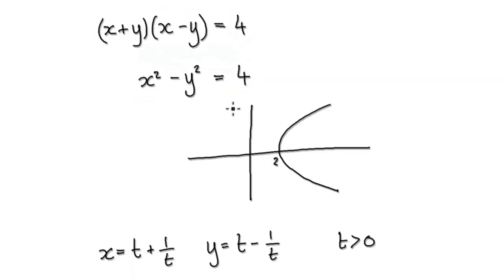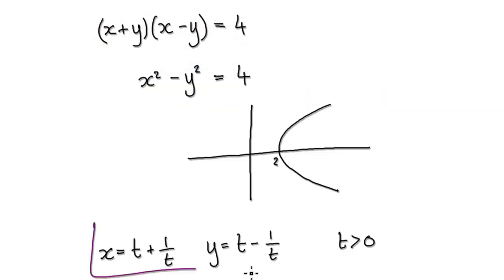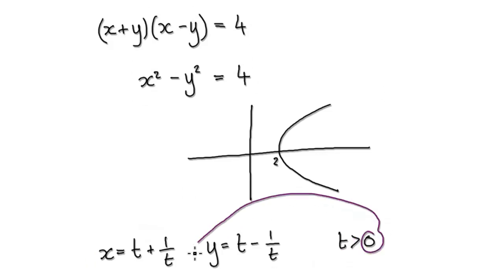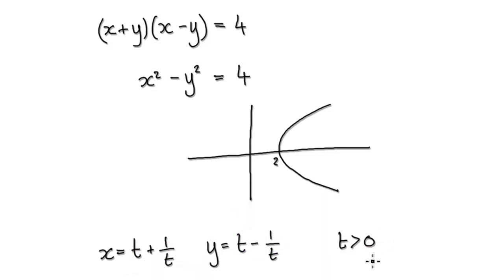Now if you plot it on a graph, it will give you this. Remember, right from the start, we said the domain is t strictly greater than 0, because if you put 0 in here, then you're dividing by 0 and the whole thing breaks down. So t cannot be 0. Let's consider t being very, very close to 0.